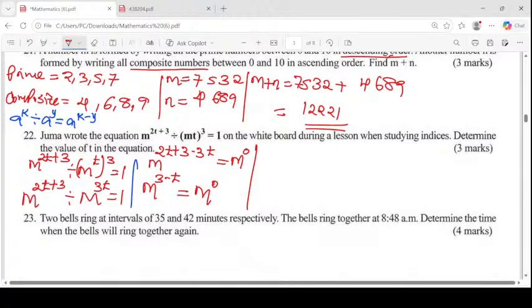Because now we have equated with the same base, you drop the bases and proceed with the powers. So you have 3 minus t is equal to 0. When you collect the like terms, you get t is equal to 3. T is equal to 3 in that context.